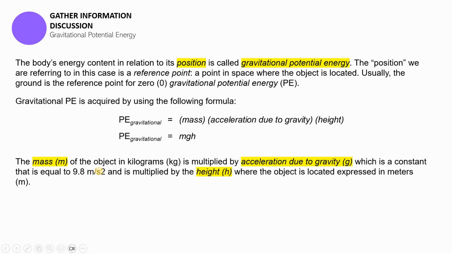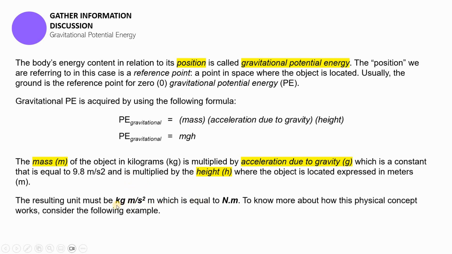We can actually use different kinds of units in solving these problems, but I hope that you get that we are just trying to make this uniform while we're starting to understand them, and after a while, when we are showing competence already, we can switch things up. Now, the resulting unit must be in kilogram meters per second squared meter, which is actually equal to Newton meter.